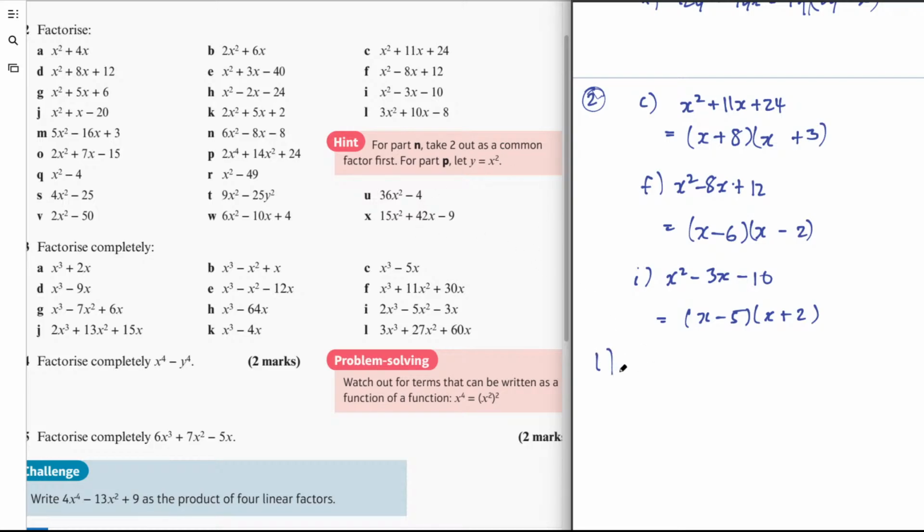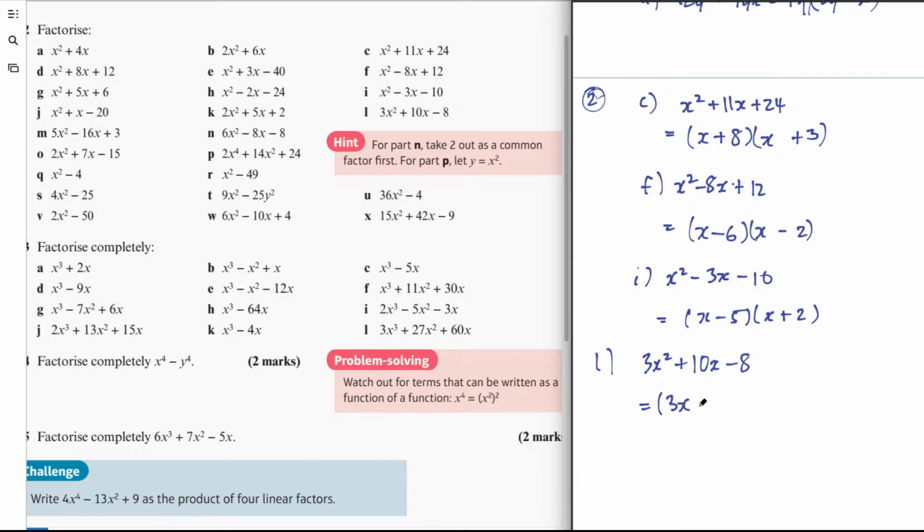L, 3x squared plus 10x take 8. Factors of 8 and 3 that make 10. What could we use? We could use 4 and 2 and then 3.